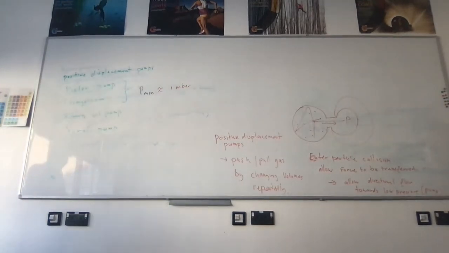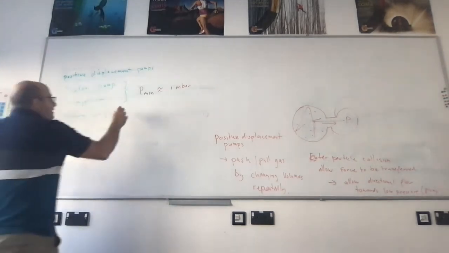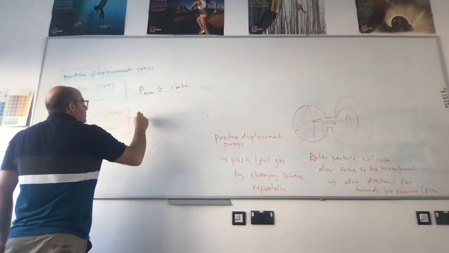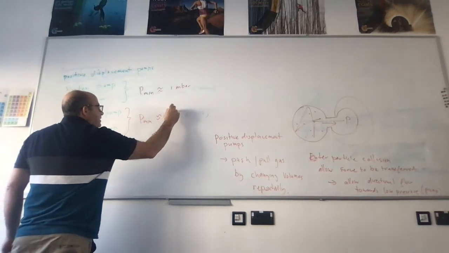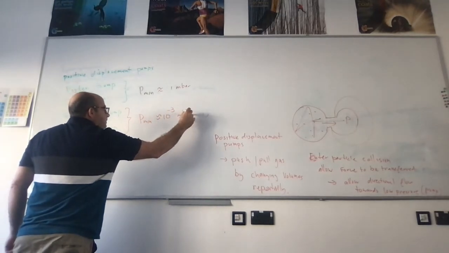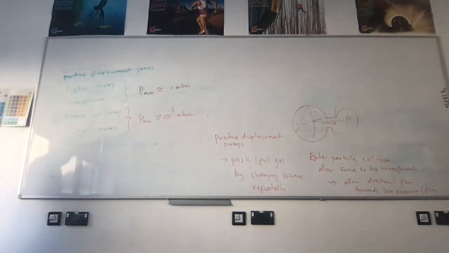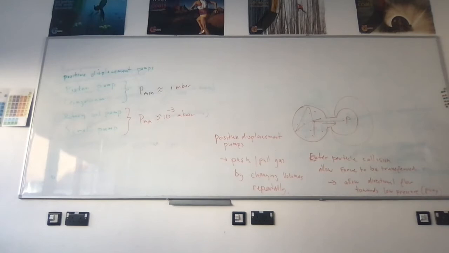And these guys could go down to a minimum pressure on the order of 10 to the -3 millibar. That is 10 to the -6 of the bar, which is 1/1,000,000 of the pressure we live in our daily lives.